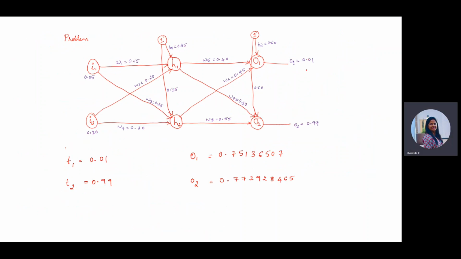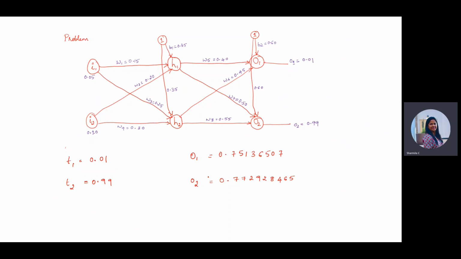The target is 0.01 for T1 and 0.99 for T2, but the obtained are 0.75136507 and 0.77292864. When you compare these two, there is a lot of difference between the target value and the obtained value. There is an error or a loss between the values.